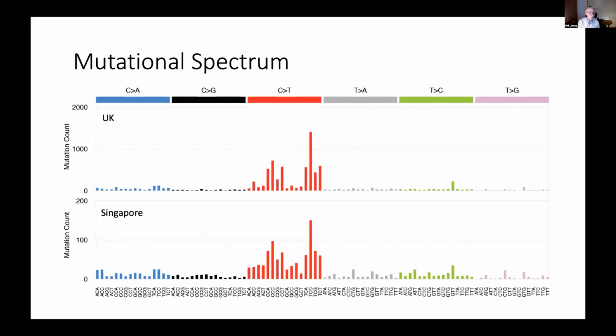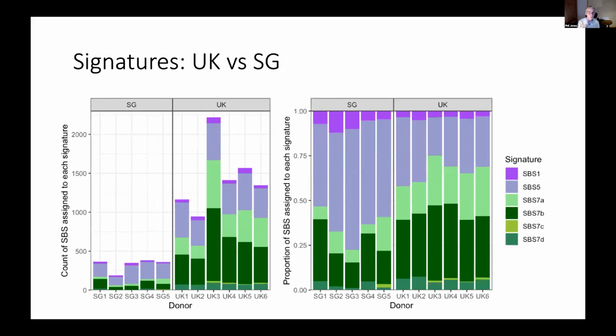What was really interesting was the mutational spectrum, which was very different. And when we run SigProfiler, you can see it's almost inverted. The Singapore mutations, the majority of them are age, clock-like signatures, SBS1 and 5. The minority are UV, and that's reversed in the UK.